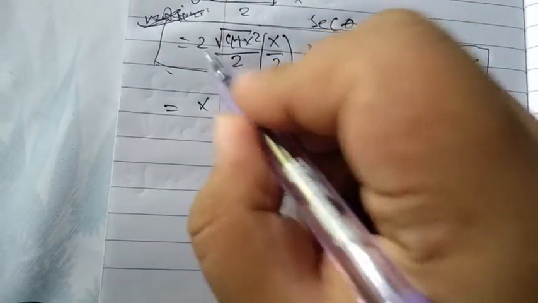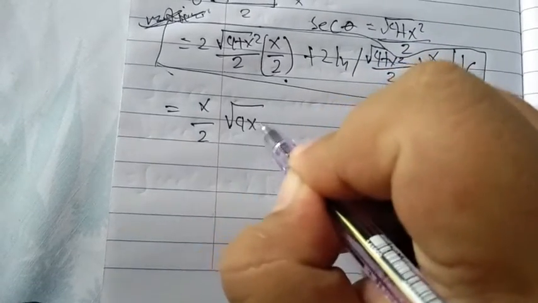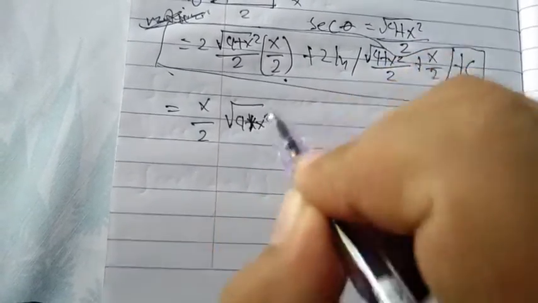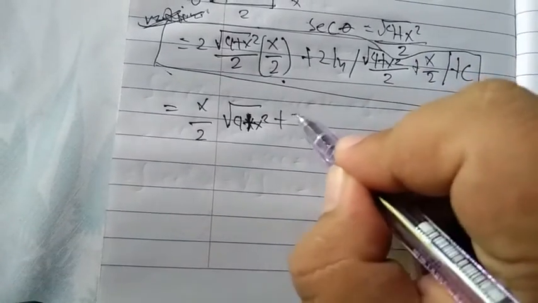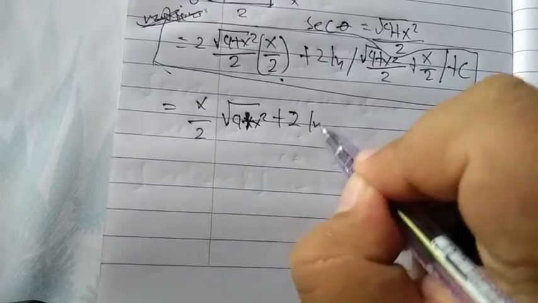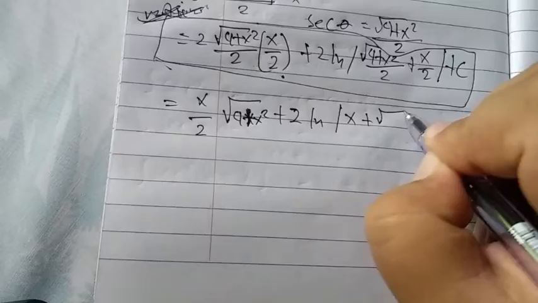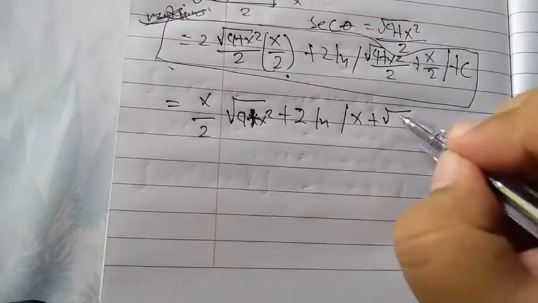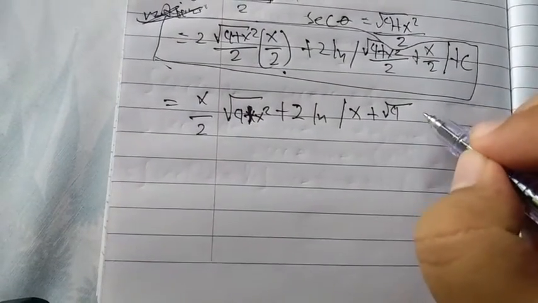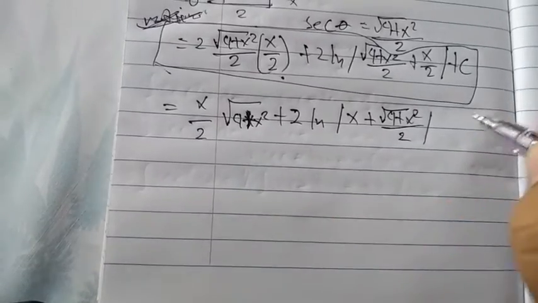This will be x over 2, convert right here, square root of 4 plus x squared, plus 2 ln absolute value of x plus square root of 4 plus x squared over 2, absolute value, plus c.